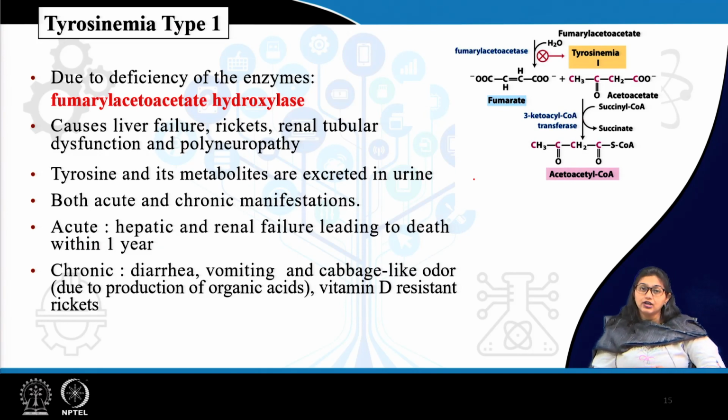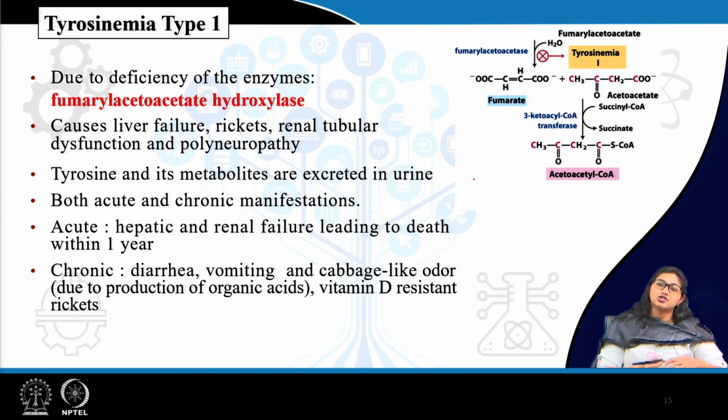Now, in case of acute manifestation, there is hepatic and renal failure which finally leads to very early death within around 1 year, whereas in chronic manifestation there is diarrhea, vomiting, and a cabbage-like odor. This cabbage-like odor comes from the body because of production of different types of organic acids like phenyllactate, phenylacetate and so on, because remember tyrosine is accumulated.